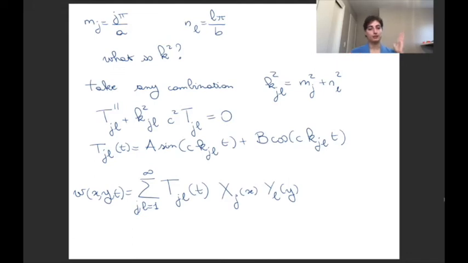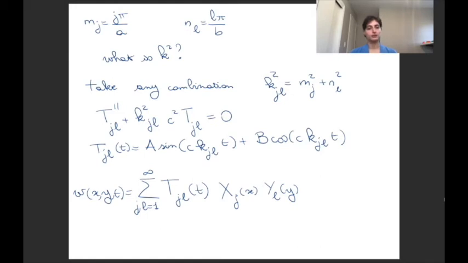So we have the second derivative of time plus k squared c squared T equal to 0. And I have placed indices j and l everywhere to remind you of all the things that depend on which choice of m_j and n_l you have made.